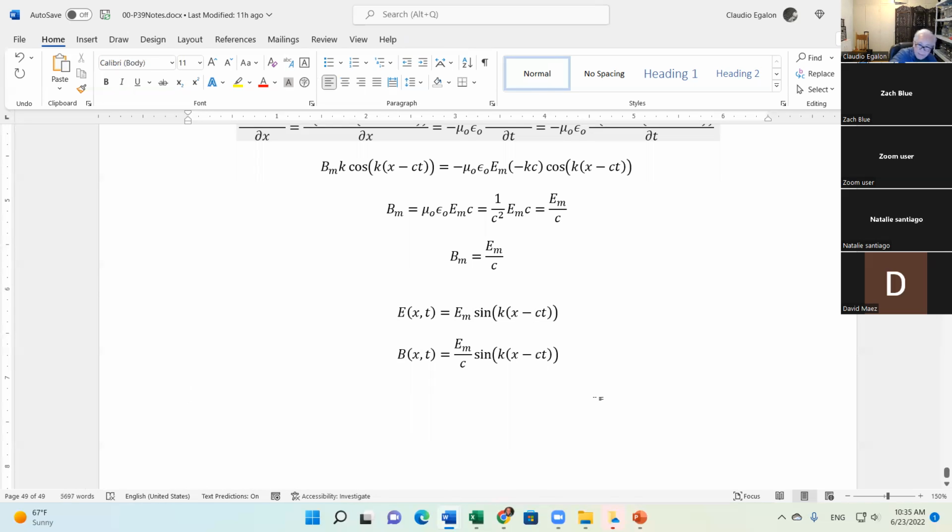And that's the relationship for the wave equations, the electromagnetic wave equations. Just remember, E and B, again I'm going to repeat, E and B are perpendicular to each other.